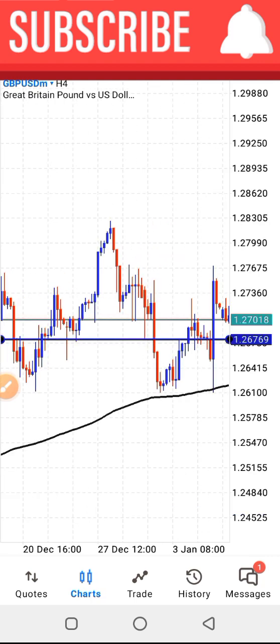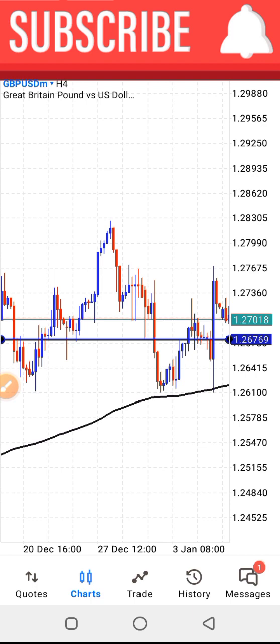So the easiest way to draw it for beginners is, if you are drawing a supply zone, which is a zone where sellers are, the last blue or green candle, the last bullish candle before the red bars start coming in, that candle gives you the supply zone.